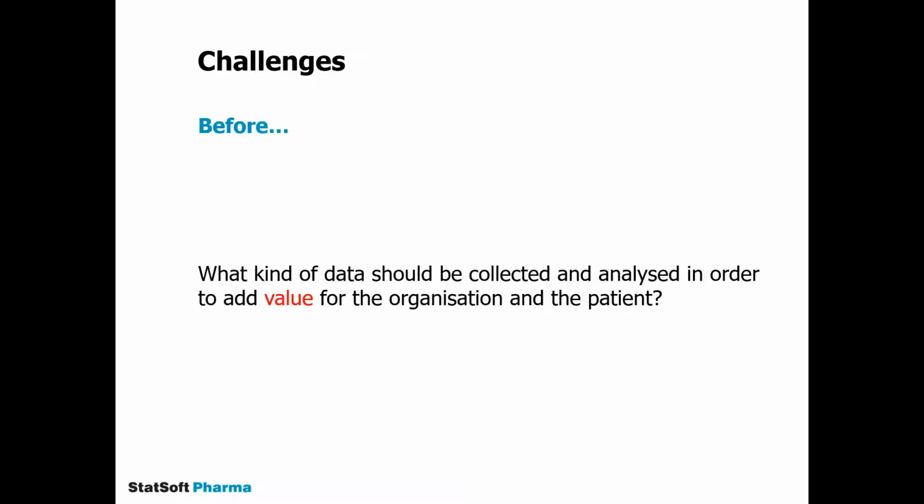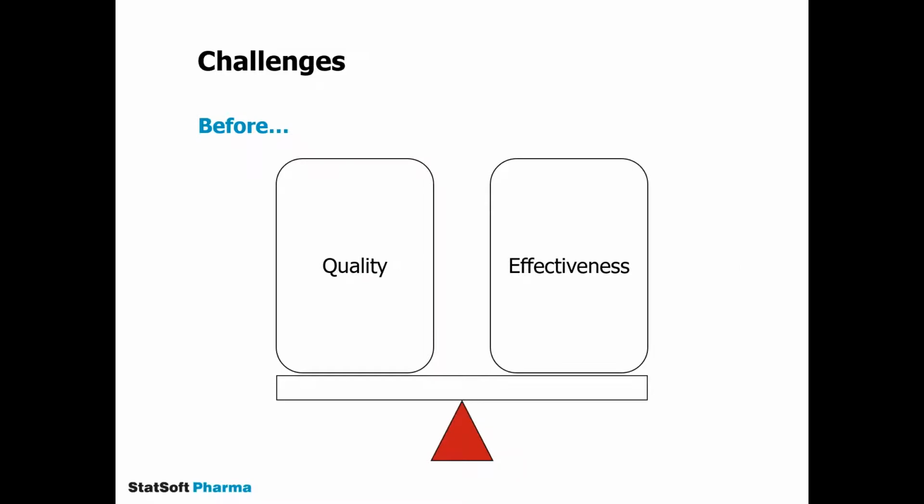What kind of data should be collected and analyzed in order to add value for the organization and the patient? Two basic criteria should be taken into account: quality and effectiveness.